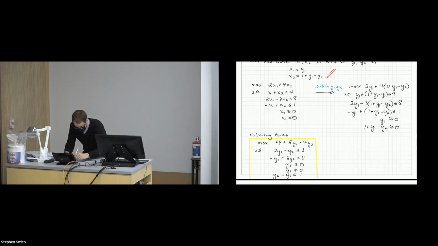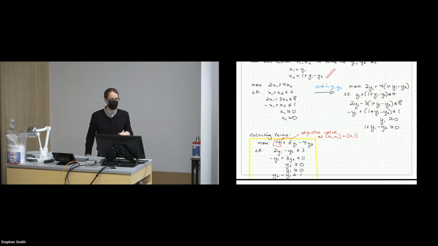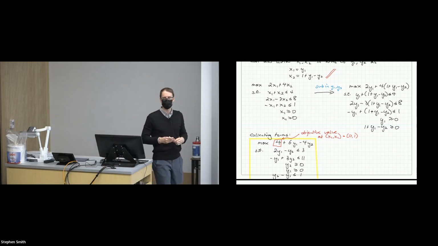And so this term right here, that's my objective value at x1, x2 equals 0, 1. And then 6y1 minus 4y2 is my new objective.